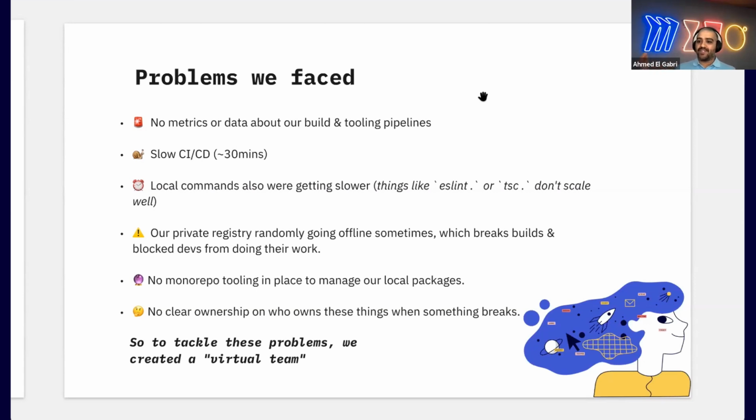So sometimes CI is broken, so you don't even need to wait for the 30 minutes. You have to wait until Nexus comes online, and then you have to do the whole thing again, wait for 30 minutes or 45 minutes, right? So it was not really working. There was lots of time wasted there. We also didn't have any Monorepo tooling in place to manage our local packages or anything like that.